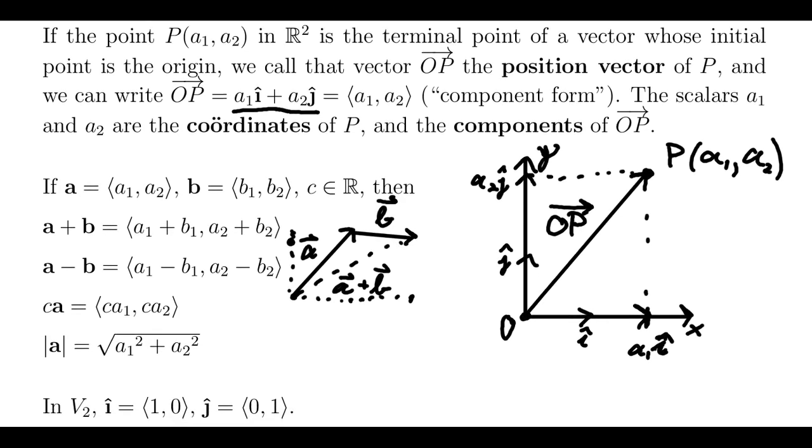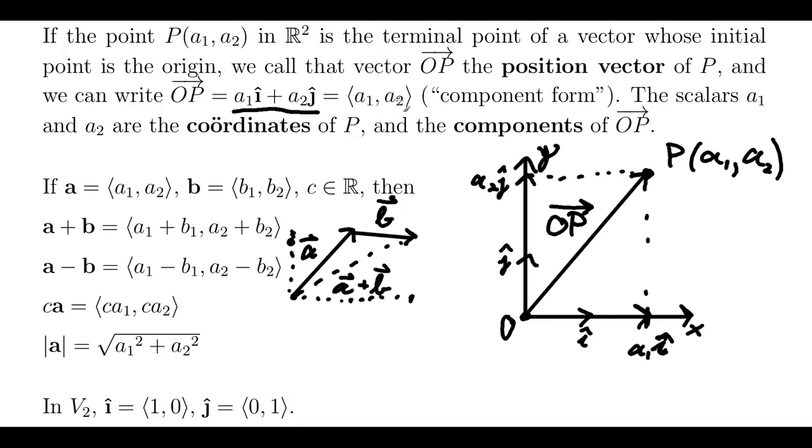And in a two-dimensional vector space, we see actually that the vector I can be written with components 1, 0, and j with components 0, 1. There are two ways to see this. One is to use this notion of how we defined this.